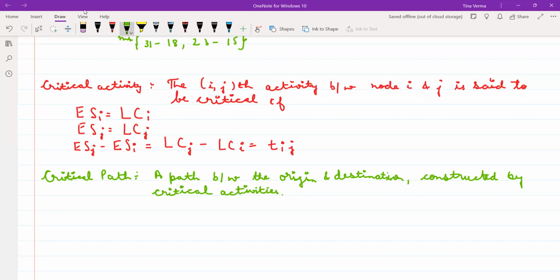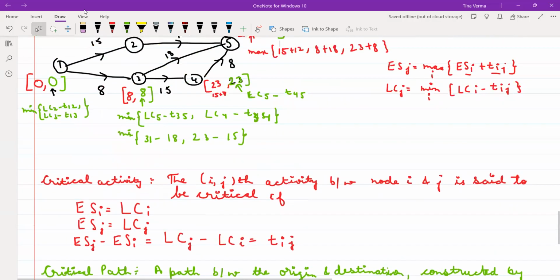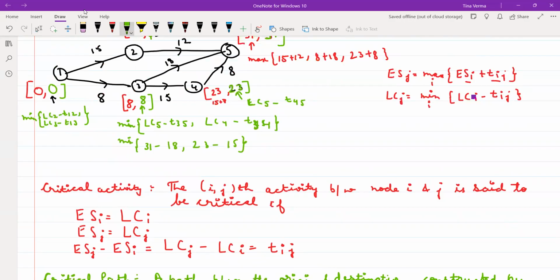That means the critical activities that make up your path from origin to destination, that will be your critical path. For example, we have done this example, right? So you have to judge what are the critical activities in this case.